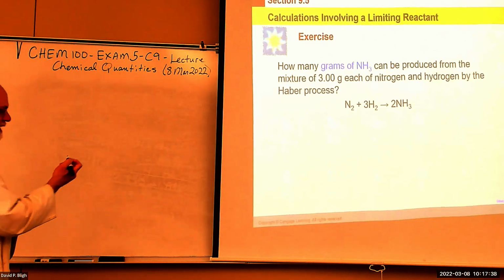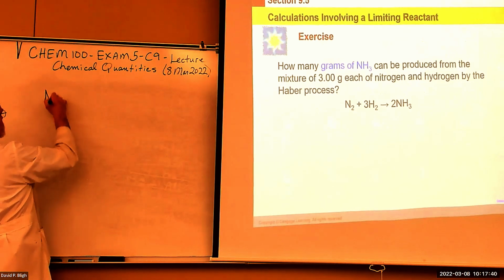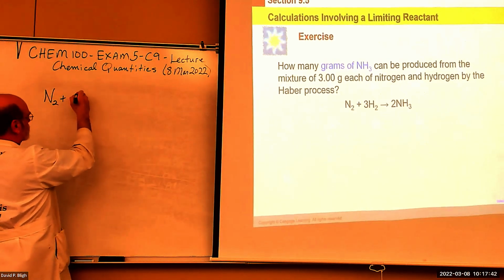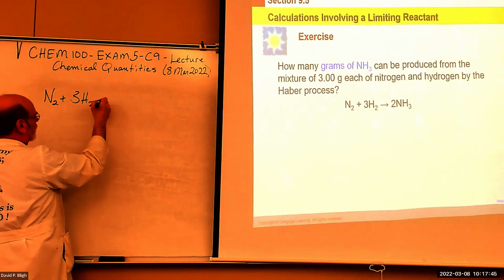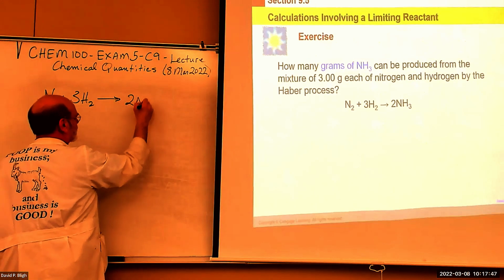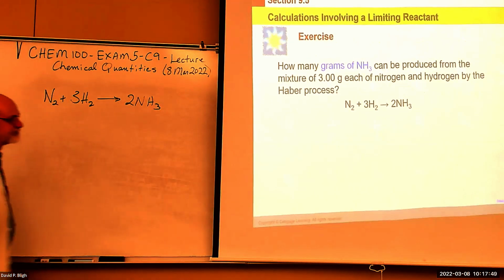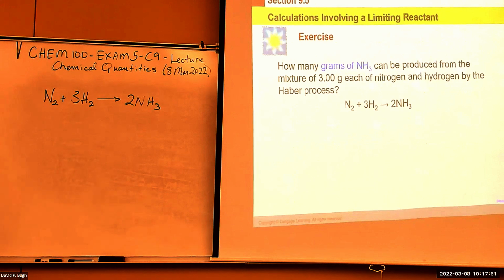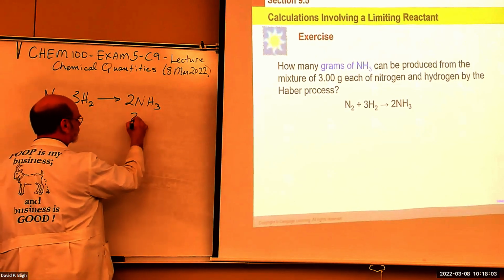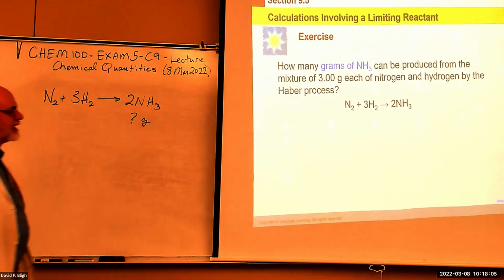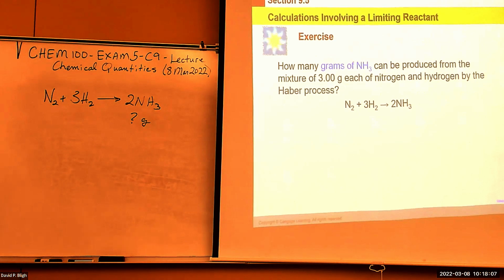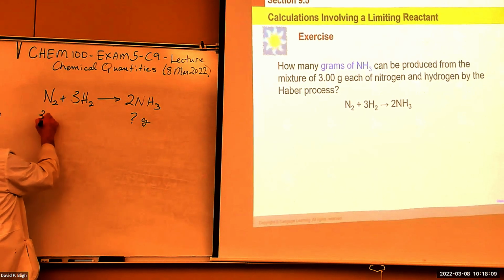Okay. So we're back to the Haber process. This is how he produced ammonia for the German war machine in World War I. Okay. How many grams of ammonia can be produced from the mixture of 3 grams of nitrogen?